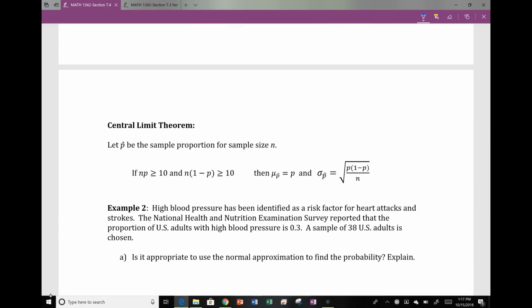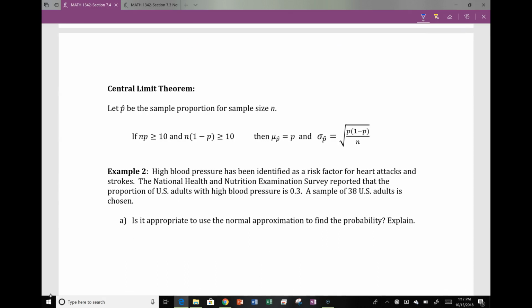Let's look at the central limit theorem. Let p hat be the sample proportion for the sample size n. If n times p is greater than or equal to 10 and n times 1 minus p is greater than or equal to 10, then we can assume that the mean is our proportion and the standard deviation is what we just calculated.